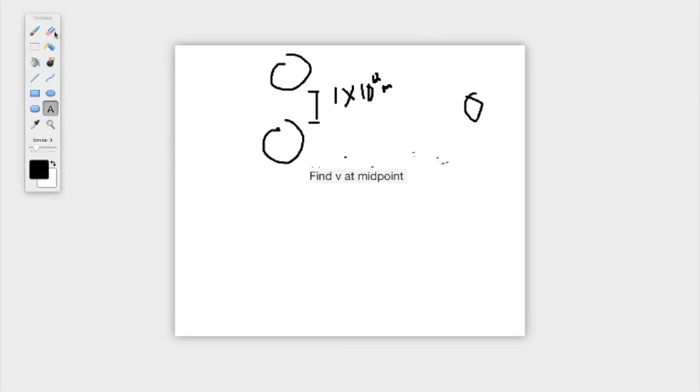So there are two stars. They both have the mass of the sun, so that's 2 times 10 to the 30th.